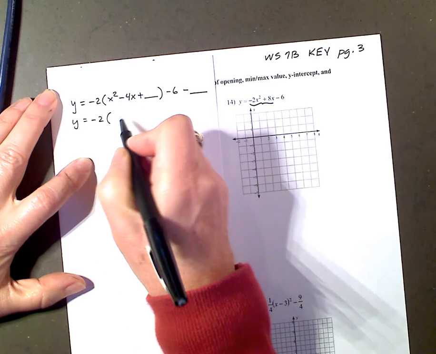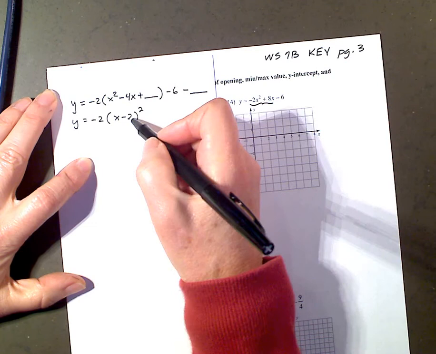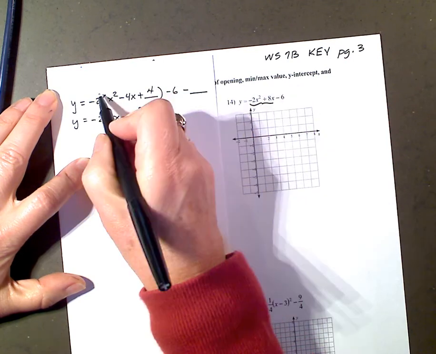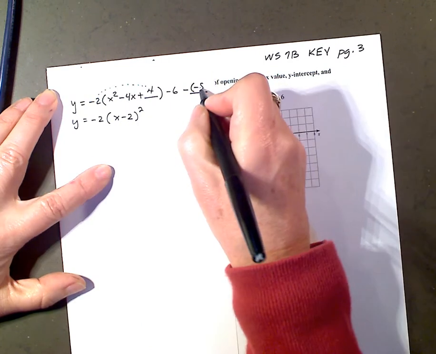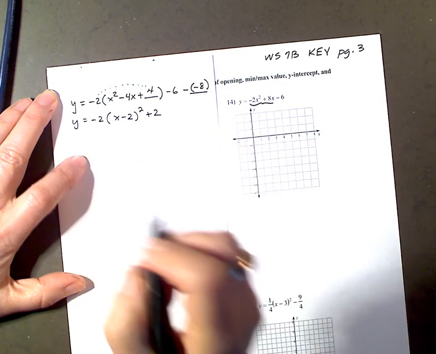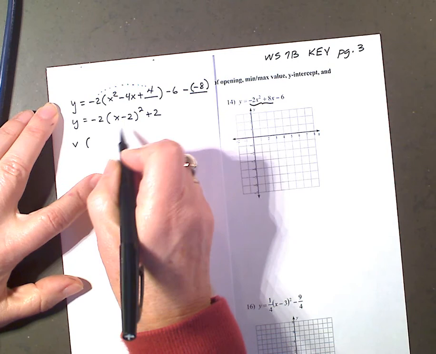This will be x minus 2, half of negative 4, quantity squared. When I square negative 2, I get 4. I just added negative 2 times 4, which is negative 8. So negative 6 plus 8, this is going to be a plus 2. So starting again, my vertex is going to be at 2, 2.